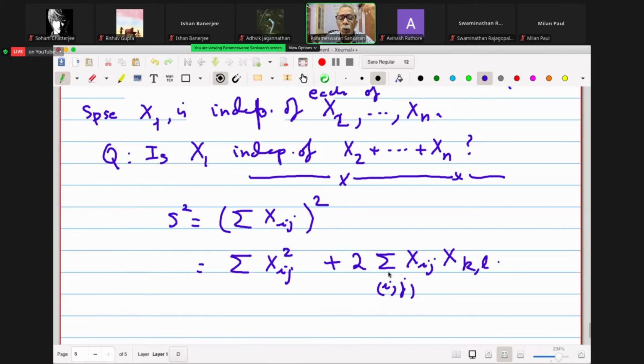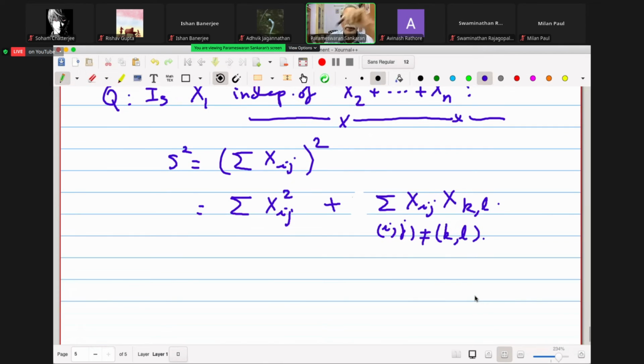So there has to be some ordering, otherwise this 2 should be given up. You arrange it in some way, most naturally dictionary order. Otherwise you just write ij not equal to kl.